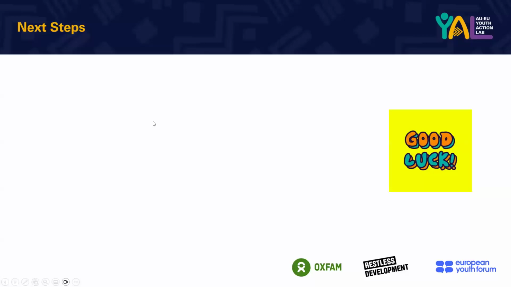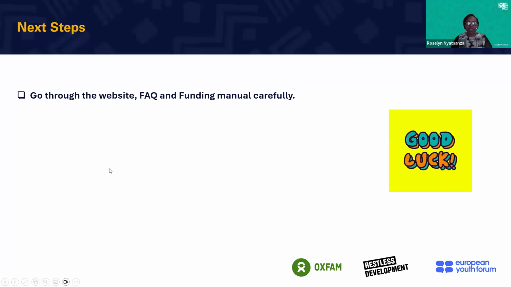Okay, so now we're moving to the next steps. After this, we will go through our Q&A where we can also take some questions. In terms of next steps, we ask that you go through the website again, the frequently asked questions and the funding manual carefully, because all the information is in there. Next.